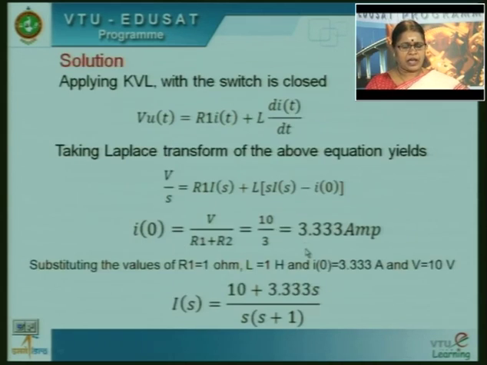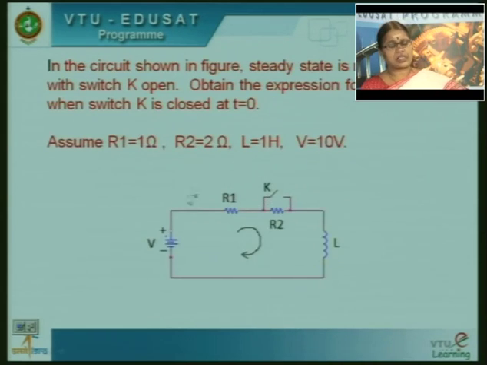But at t is equal to 0 plus, what happens when we close the switch? The resistor R2 is in parallel with the short circuit. The entire current which flows through resistor R1 now flows through the closed switch instead of flowing through the resistor, so this resistor becomes redundant in the circuit.